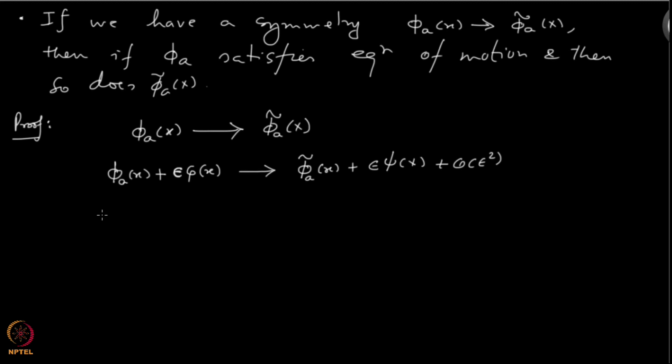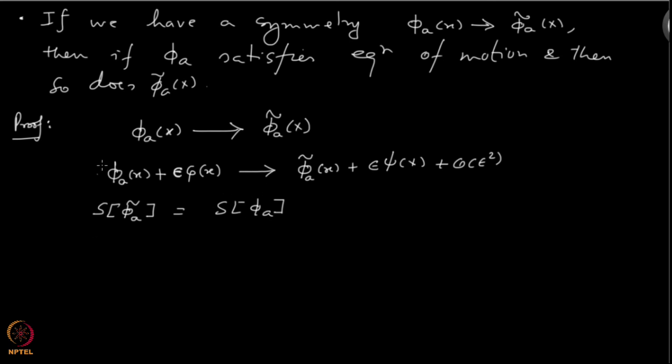and since we have assumed that this is a symmetry transformation, then it means that if I take S of phi tilde A, then that should be S of phi A. Now, I am going to use this.